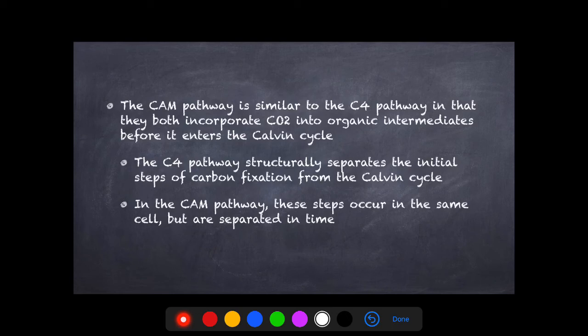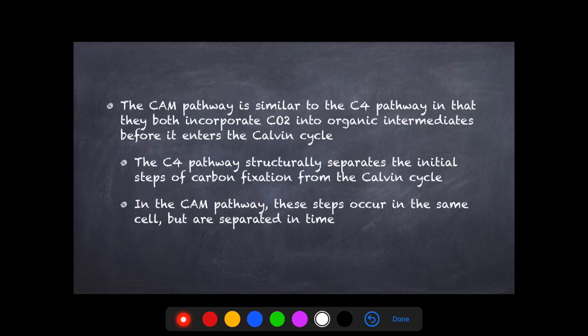The CAM and the C4 plant pathways are very similar because they both put carbon dioxide into intermediate organic molecules before they enter the Calvin cycle. The difference is that in the C4 pathway, you have structurally separate steps occurring between bundle sheath and mesophyll cells, where you have carbon fixation for the Calvin cycle.